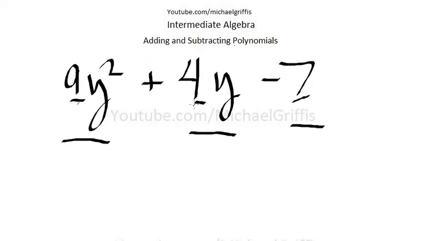It may be also considered a coefficient term. This is known as a trinomial because there's 3 terms in it, and it is of the second degree. Okay, you see this 2 right here? All right, this polynomial is of the second degree.